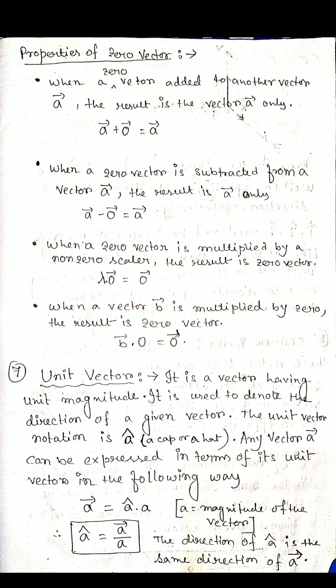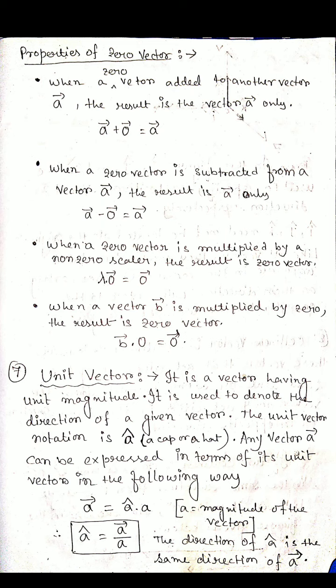That means if we add a vector A with a 0 vector, we get the A vector. Now if we subtract the 0 vector from a vector A, what will be the result? We get the A vector. 1 minus 0 equals 1, so here A vector minus 0 vector equals A vector.